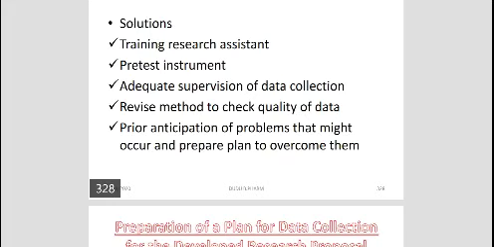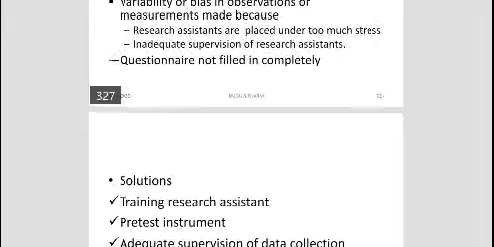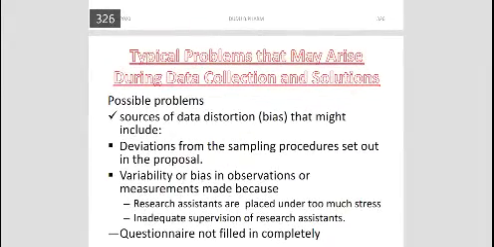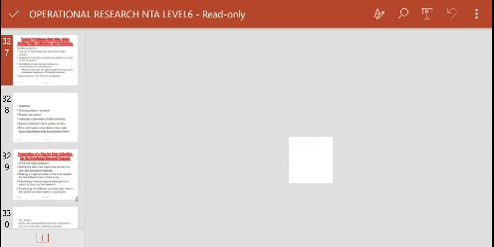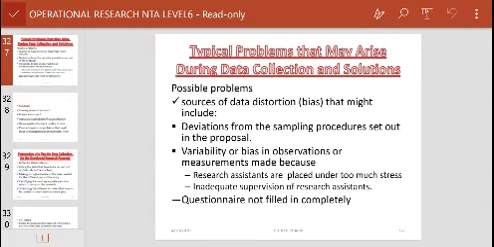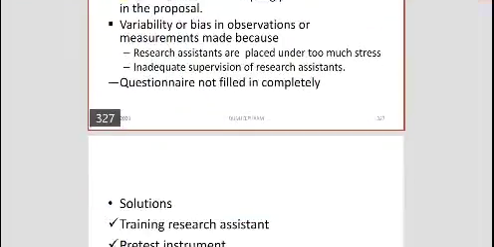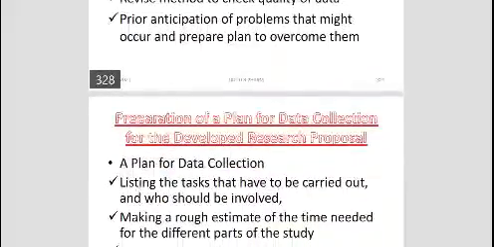This is also a solution you may apply so as not to get into these typical problems that may arise during data collection. So these are solutions to prevent them from happening.